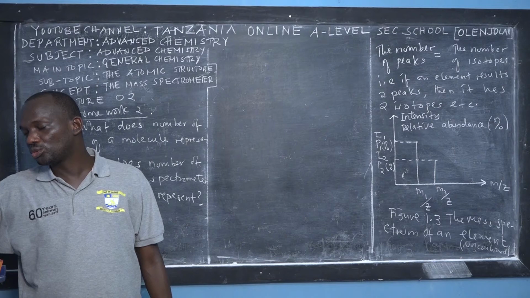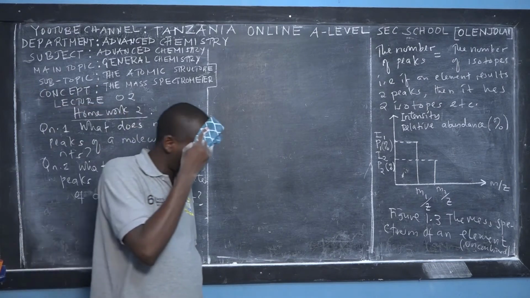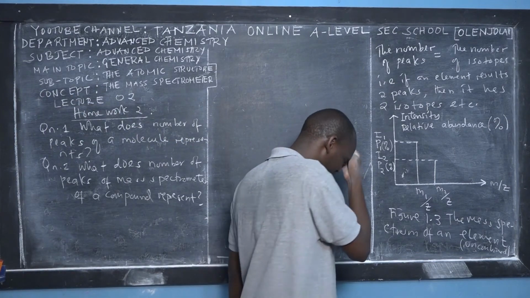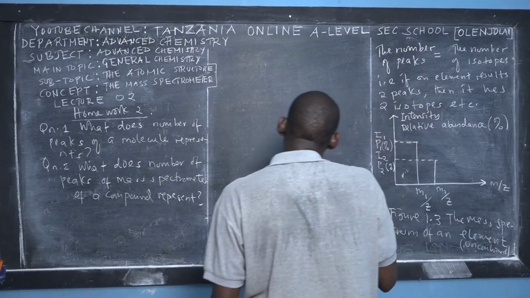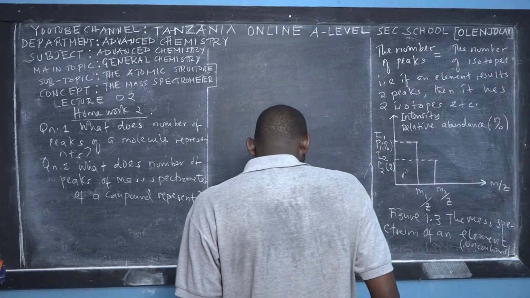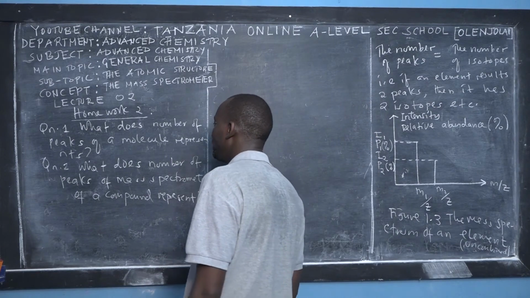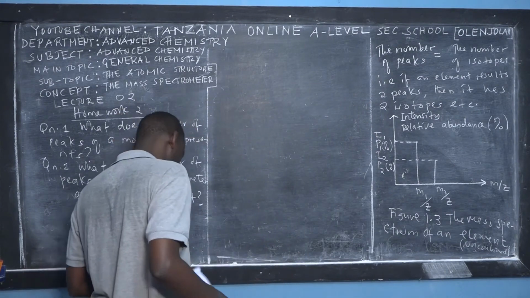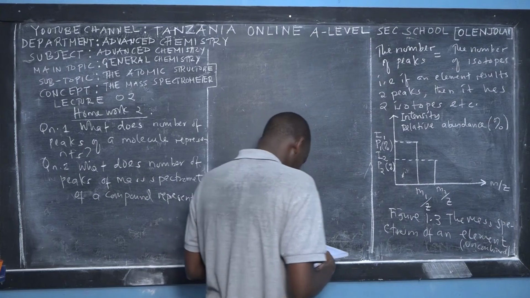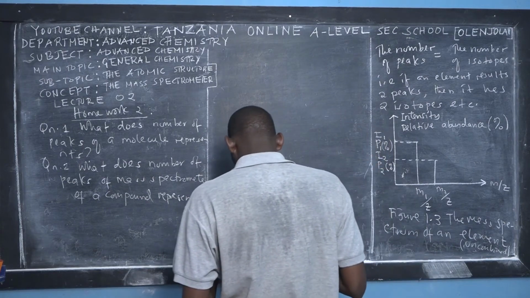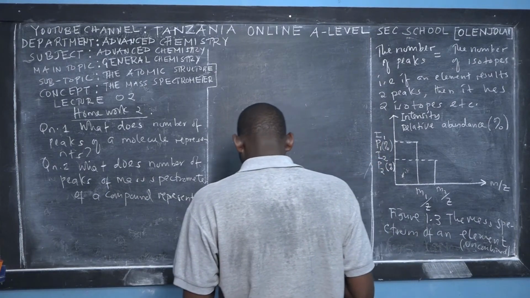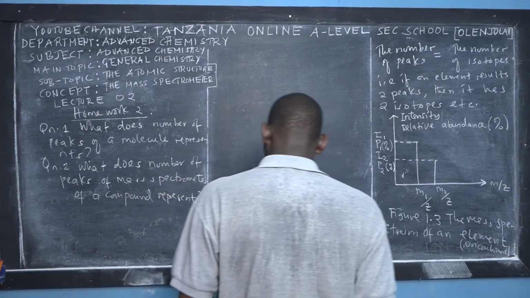So I would like now to take you into the serious part that I've been waiting to teach you for a long time. This serious part, in chemistry, is how we calculate the relative molecular mass by using the mass spectrum of a mass spectrometer.